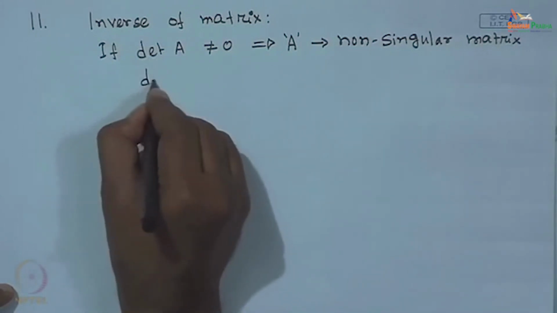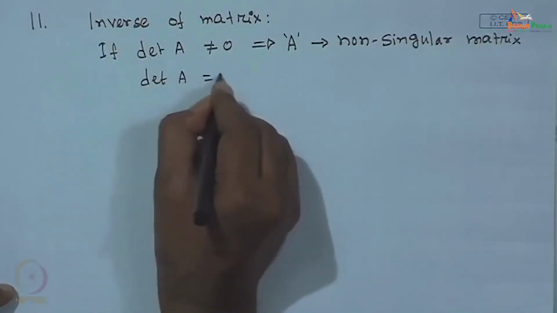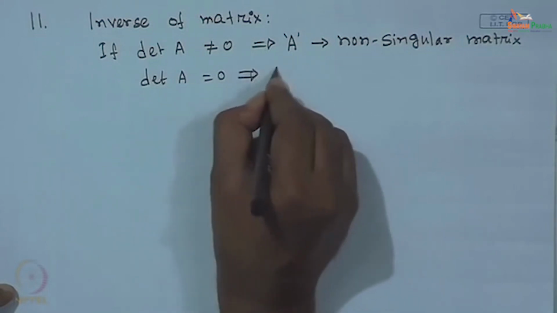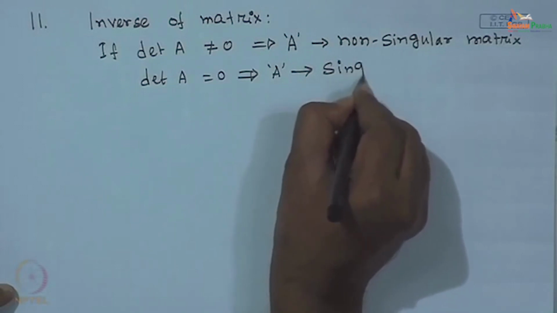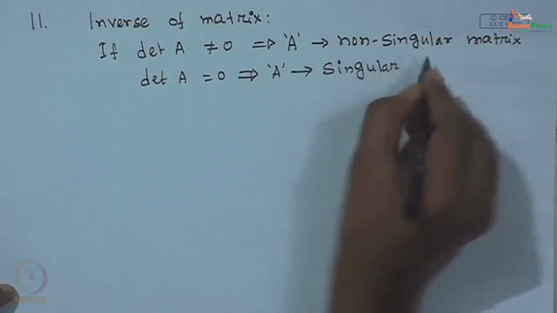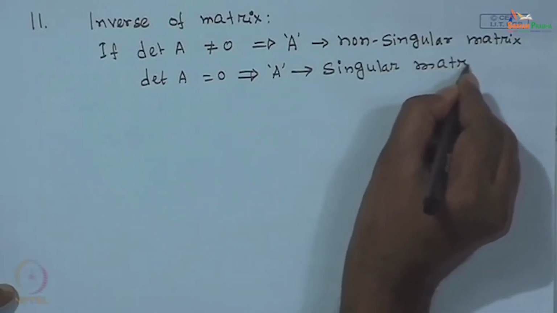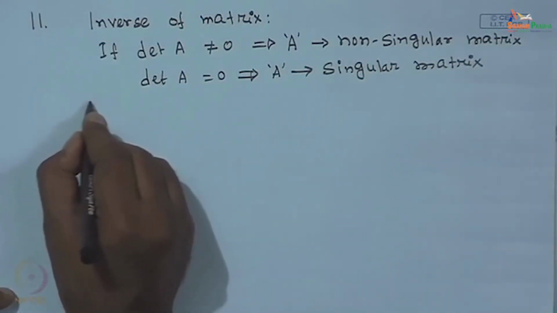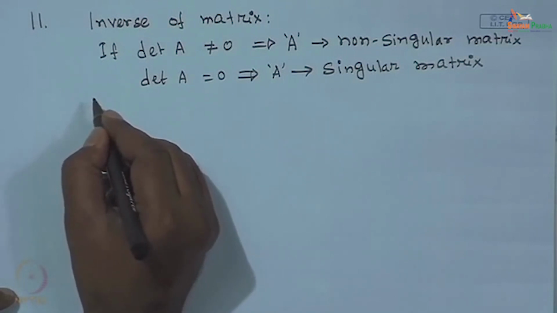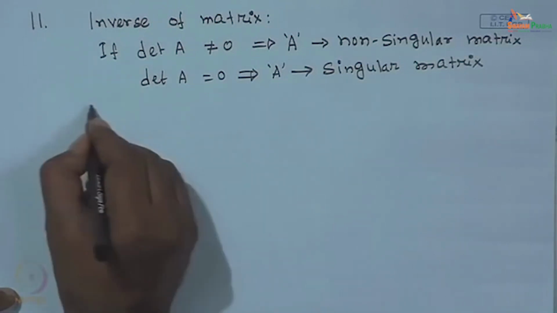If the determinant of matrix A is equal to 0, then A is called a singular matrix. The inverse of a matrix exists if A is non-singular.